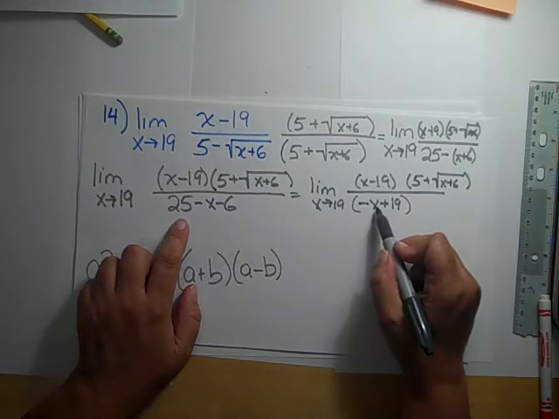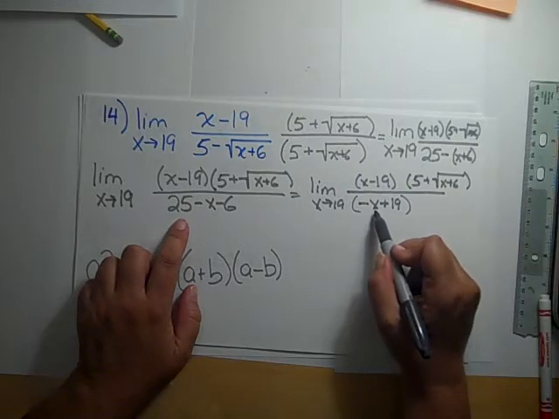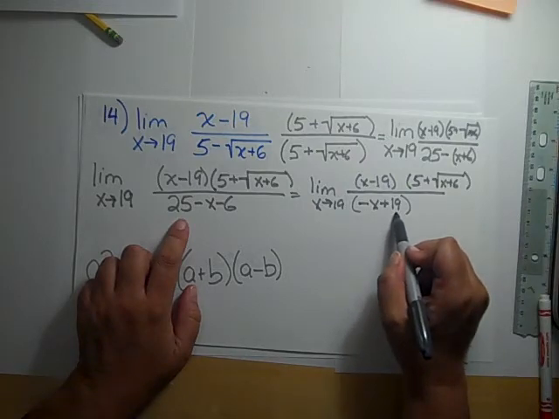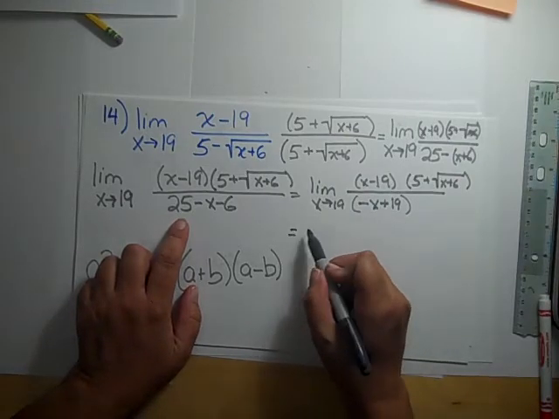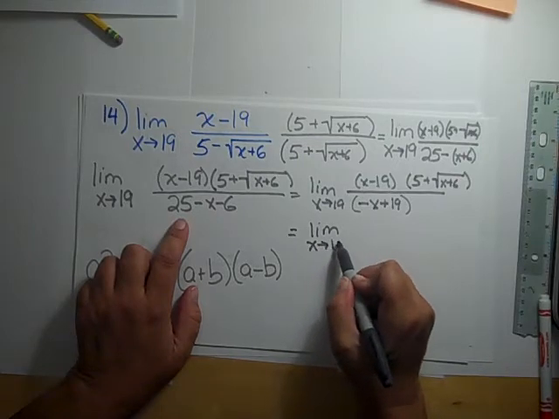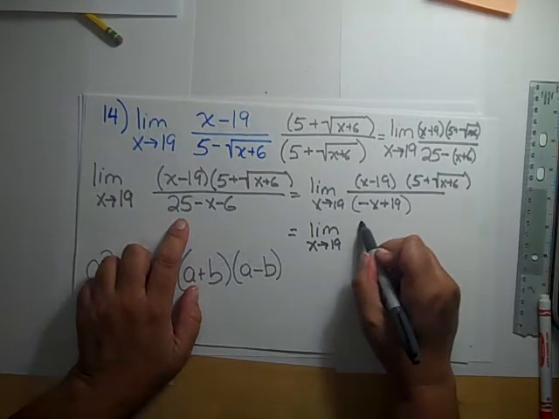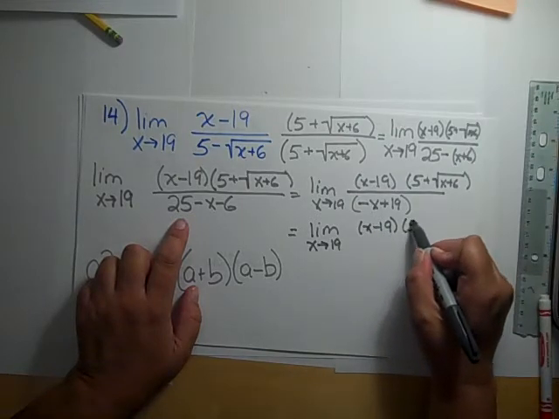What we really want this to be is positive x minus 19. Well, there's a cool little algebra trick where you factor out a negative 1 and it changes the signs. So what we can do here is take the limit as x approaches 19 of, we'll keep the numerator. It doesn't really matter if you do it to the numerator or denominator.